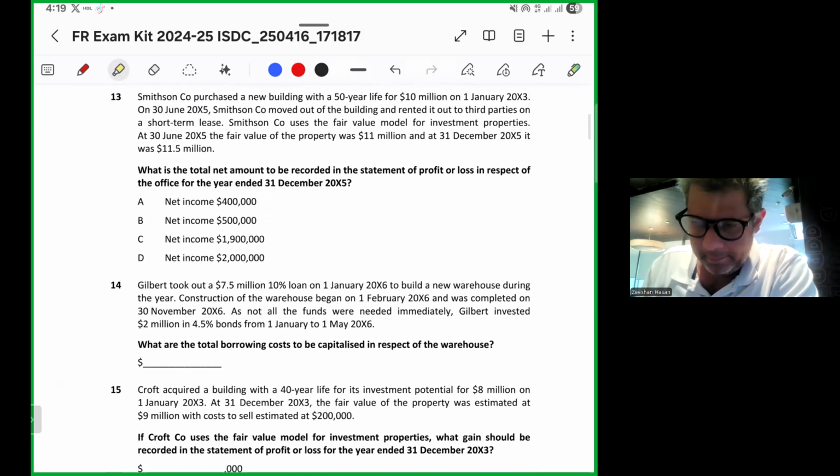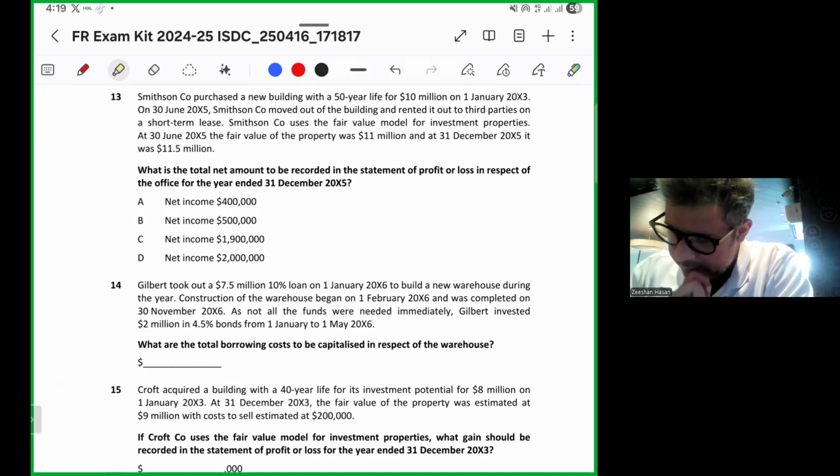Now, let's move further ahead. Smithson Company purchased a new building with a 50-year life for 10 million on 1st January 2003. On 30th June 2005, Smithson Company moved out of the building and rented it out to third parties on a short-term lease. Smithson Company uses the fair value model for investment properties.